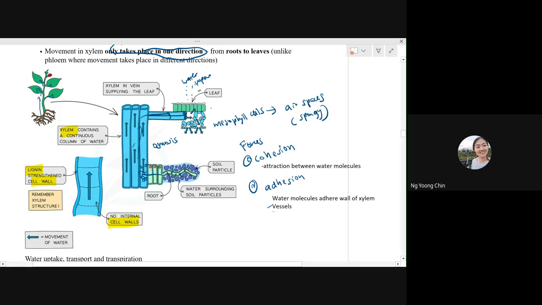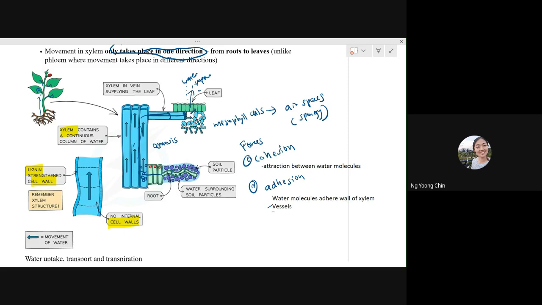And then secondly, the reason why the water is able to move upward is because once the water enters into the leaf structure, it will get into the mesophyll cells, and then it will evaporate and become water vapor. So there will be continuous evaporation happening. So there will be loss of water vapor from the stomata. That's why your plants lose water in the form of water vapor.